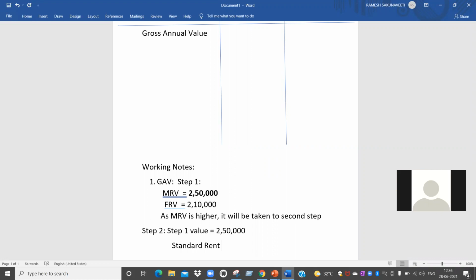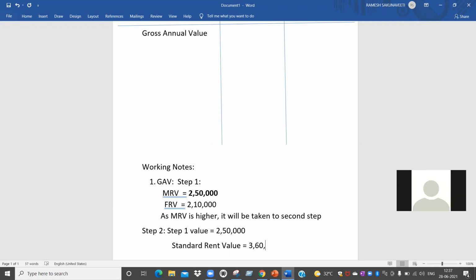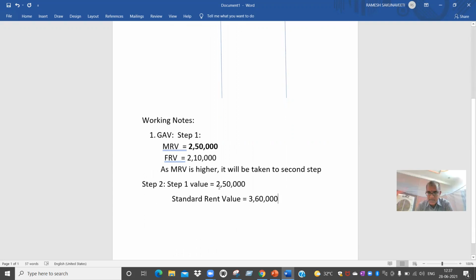Standard rent value. If you see the problem, you can understand what the standard rent value is. In a bracket, they mentioned 3,60,000. Very good. In these two amounts, whichever is less, we are going to take into consideration.